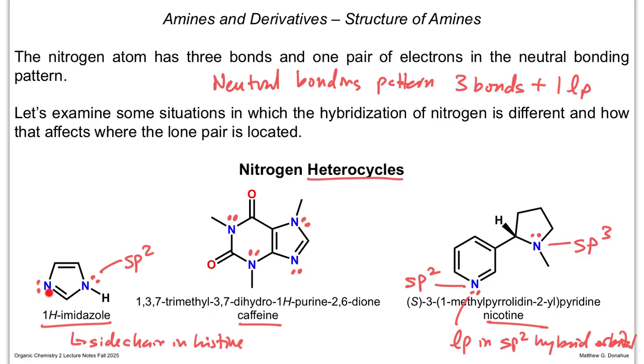The other nitrogen looks like the pyridine one because you have that pi bond. So this lone pair is also in an sp2 hybrid orbital.